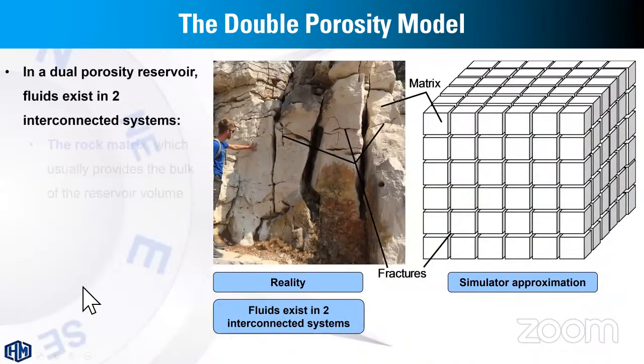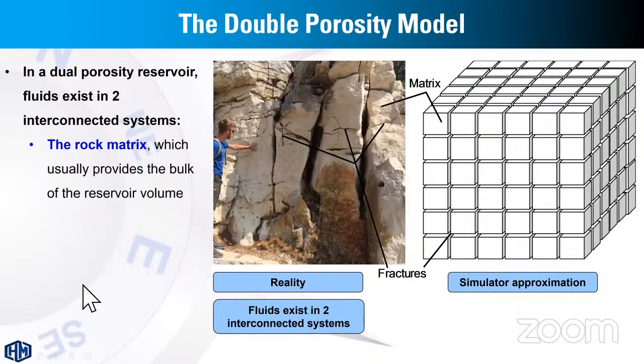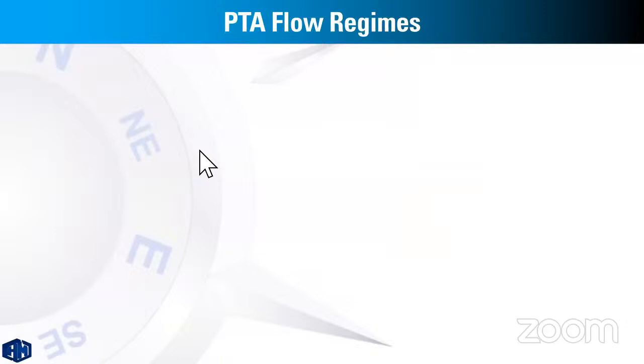So in this system, the fluid will be stored in two interconnected systems: the rock matrix, to provide the bulk of reservoir volume, and the highly permeable rock fractures like this in reality, and this is the simulator approximation. So this is typically the approach of dual porosity modeling.